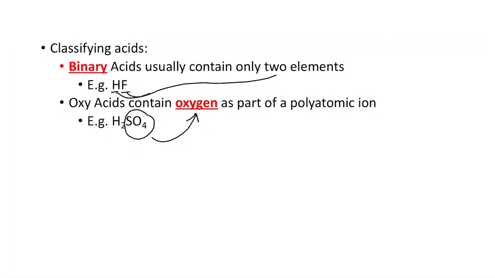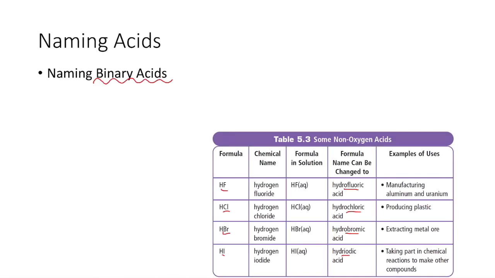For example, H2SO4 contains a sulfate ion which has an oxygen. It's because the polyatomic contains an oxygen that it is considered an oxy acid. The namings for these are a little bit different. To begin, we're going to start with naming binary acids.